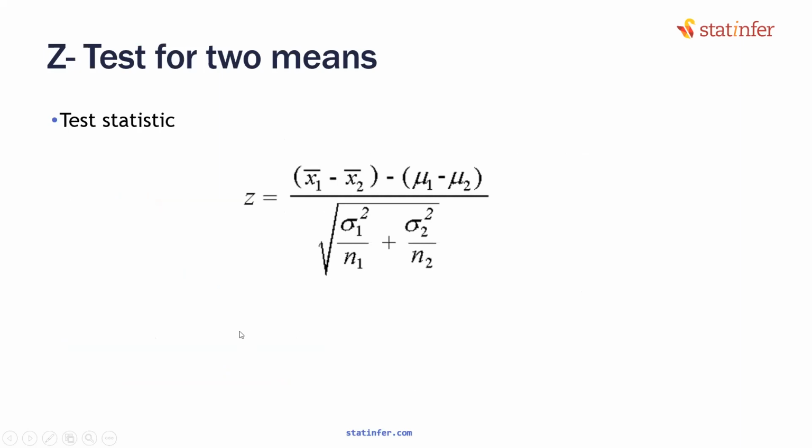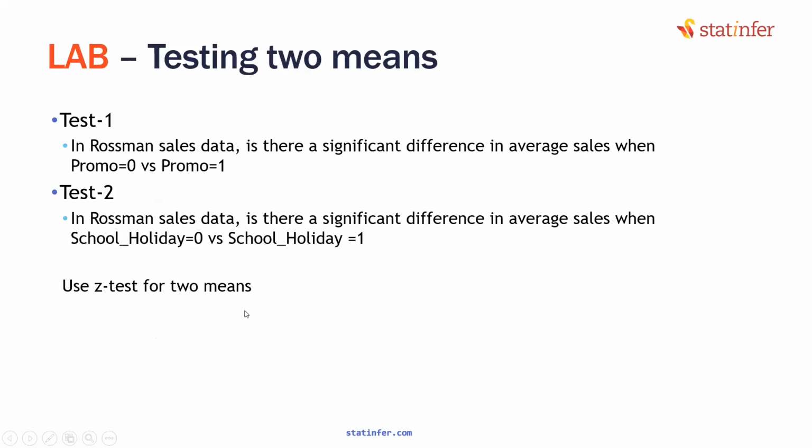This is the test statistic, and then it will give the population distribution and sample distribution. Look at this in the Rossmann store sales data. Understand the problem statement here, all of you. When there is a promotion, that means promo equal to 1, you are running some promotion and there are some sales. When you are not running any promotion, that means the promotional offers is 0, no promo.